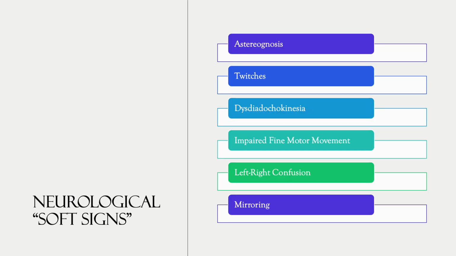The presence of neurological non-localizing soft signs are astereognosis, which is the loss of the ability to judge the form of an object by touch, twitches, tics, or rapid eye blinking, dysdiadochokinesia, which is impairment of the ability to perform rapidly alternating movements, impaired fine motor movement, left-right confusion, and mirroring.